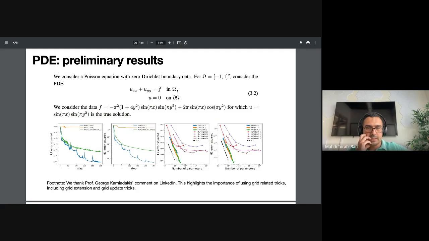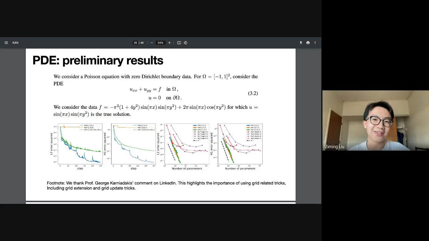All right. So you can use KANs not only to approximate functions, you can also use them to approximate a solution to a partial differential equation. Here we can combine KAN with physics-informed learning to solve PDEs. The scaling displays a similar pattern to the function fitting tasks, but this just shows that KAN can not only do function fitting, but it can also solve PDEs.